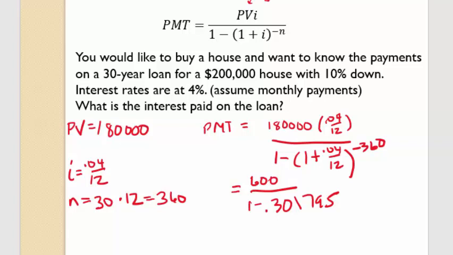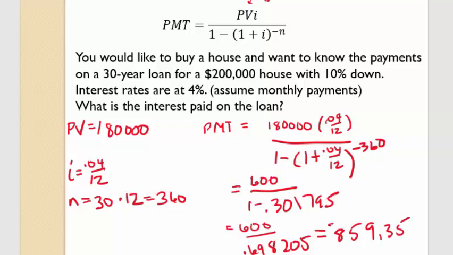I'm going to go out as much as I can with those decimals. So that equals 600 divided by 0.698205, which is $859.35. This is the monthly payment that you would have to make on a mortgage of $180,000 at 4%.